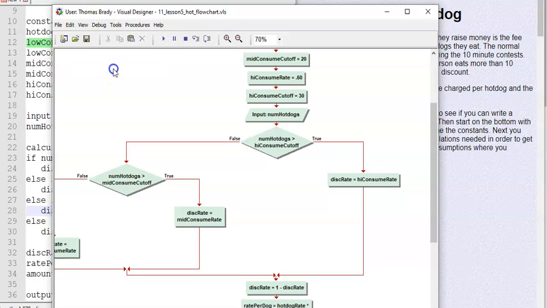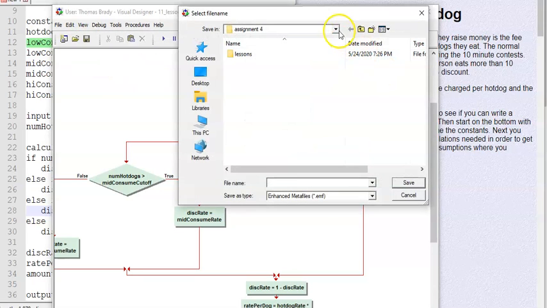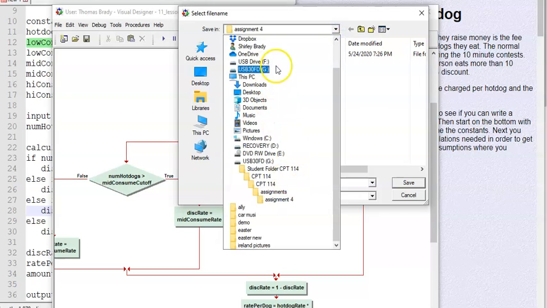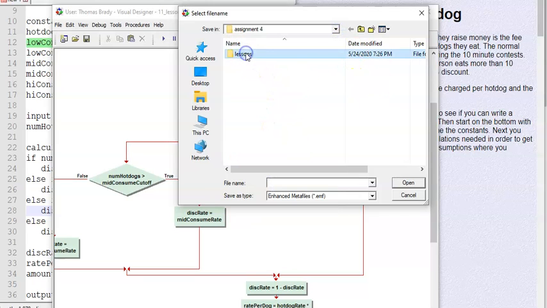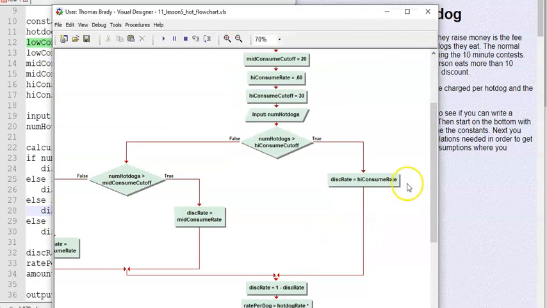Click View, Create Flowchart Meta File. We're doing this for assignment 4, lessons. There's the dormitory one we did before, and this is going to be our hot dog. Flow. And we don't have to do anything else except that.